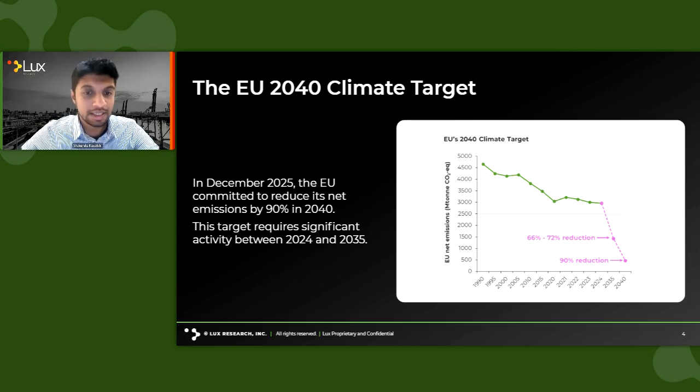And as you can see in this figure, the EU has made progress on its emissions between 1990 and 2025, reducing it by about 37% over the last 25 years. But that level of reduction that's needed from now until 2040 is a lot more steep and will require significant effort. And as a result, the EU is actually increasing the role of CDR in meeting this target.